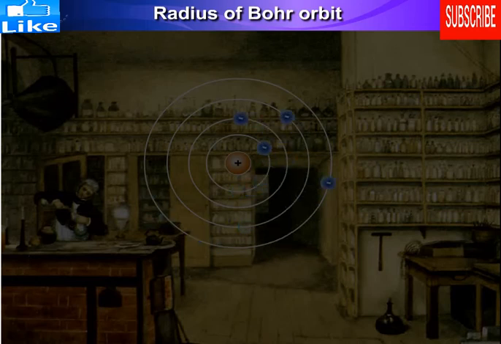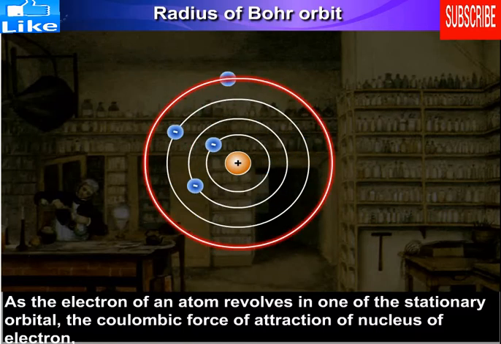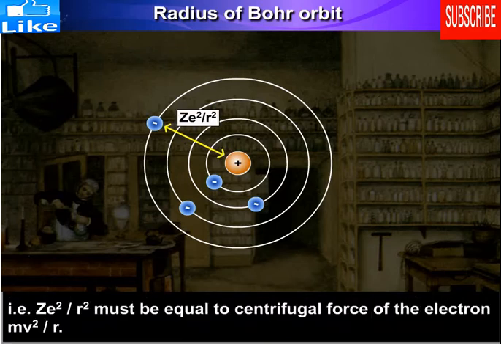Radius of Bohr orbit. As the electron of an atom revolves in one of the stationary orbits, the Coulombic force of attraction of nucleus on electron, that is Ze square upon r square, must be equal to centrifugal force of the electron, mv square upon r.